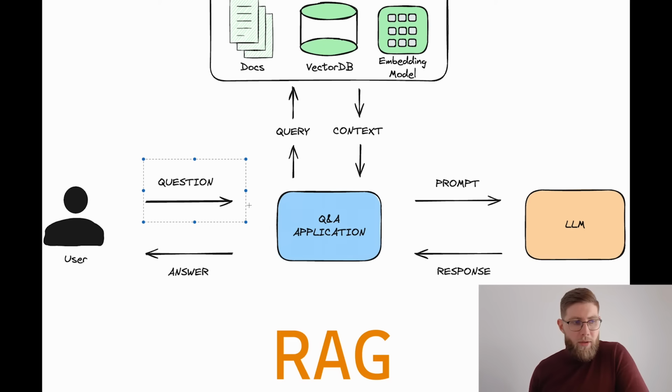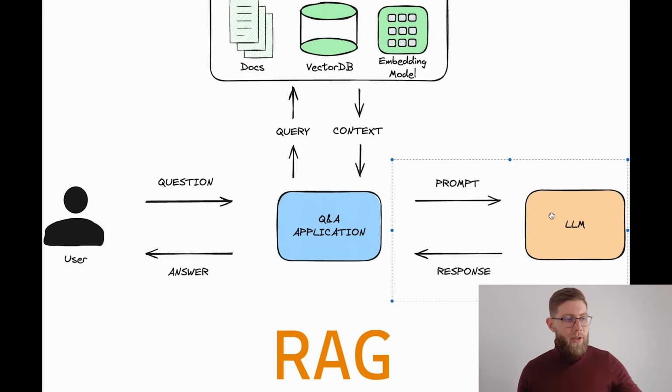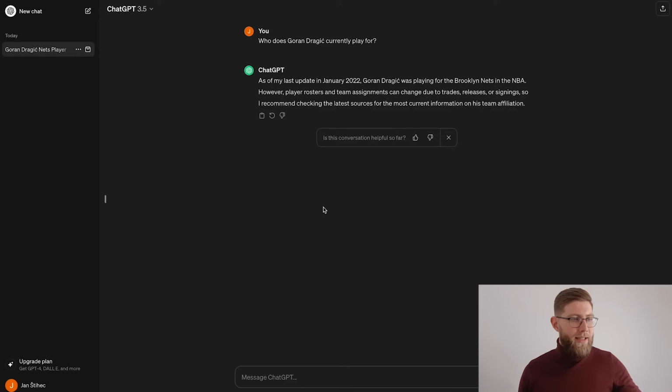A question comes in on Goran Dragic. This is transformed into a query: Who does Goran Dragic play for? I find my relevant knowledge article, which is about Goran Dragic, and then a prompt with injected context gets sent to an LLM. So let's look at what this prompt could look like in this example.